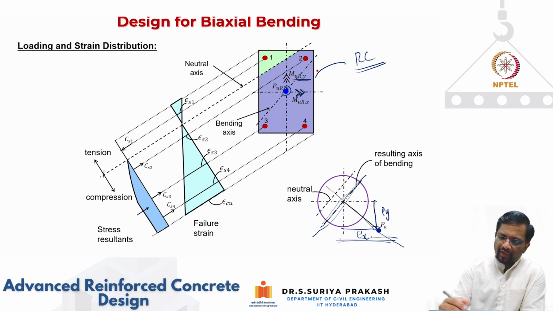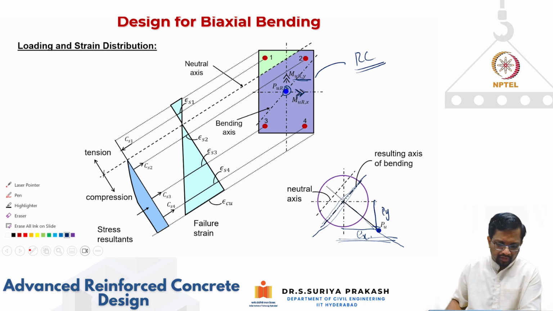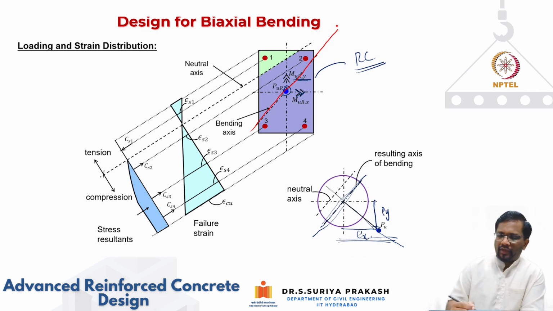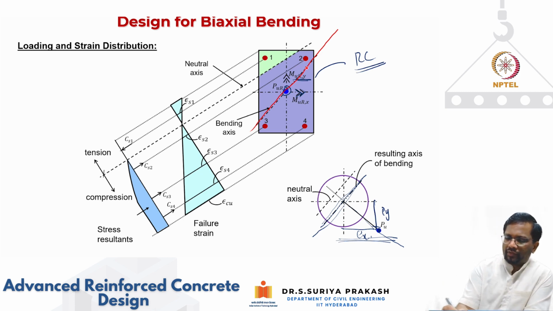Your resultant bending axis for this is going to be like this. I'll use a different color. Your resultant bending axis is going to be like this. If you know your Ex and Ey, you can find this resultant axis of bending. Let's say this is your Ex and this is your Ey.